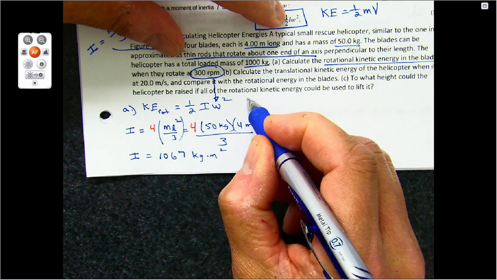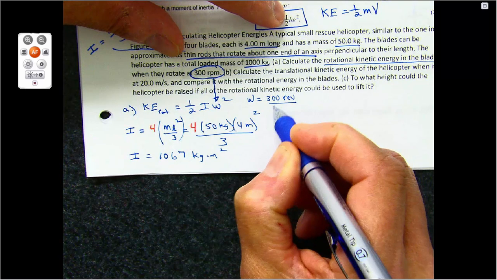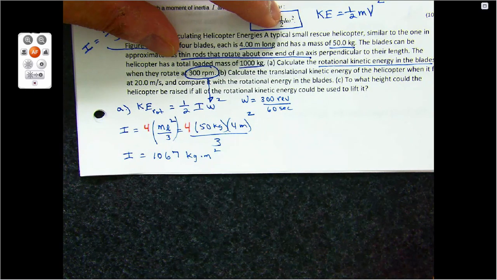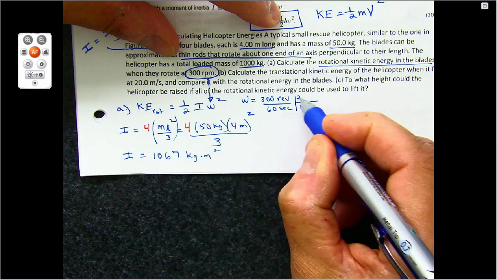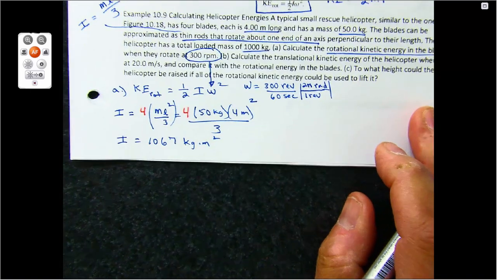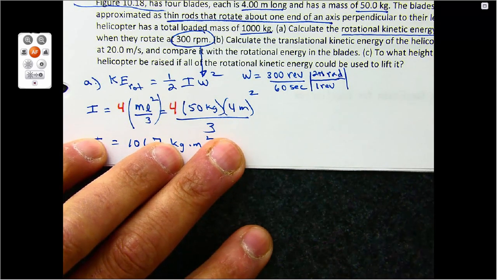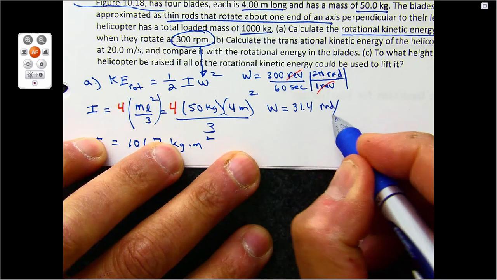So omega is going to equal to 300, and then we are going to go 1 revolution, 2 pi radians. 31.4.